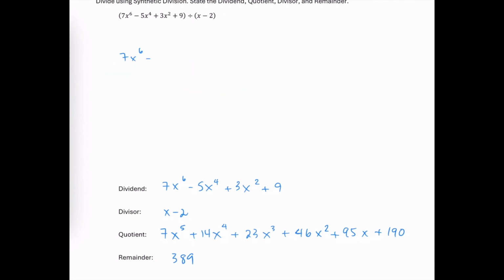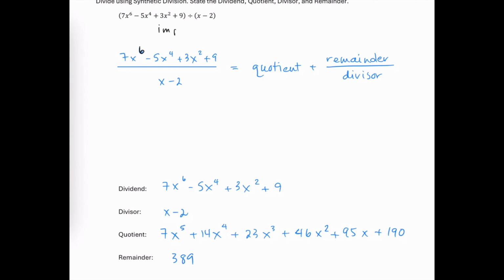When we have the division of two polynomials, a common way of expressing the answer is to write it in the form of quotient plus remainder over divisor. That enables us to take an improper rational expression, and this rational expression would be improper because the degree of the top is greater than the degree of the bottom, and write it in that mixed number form.